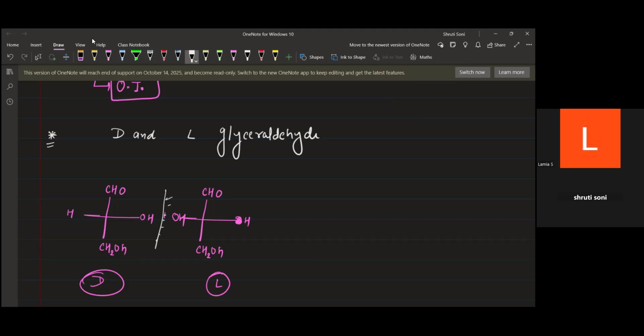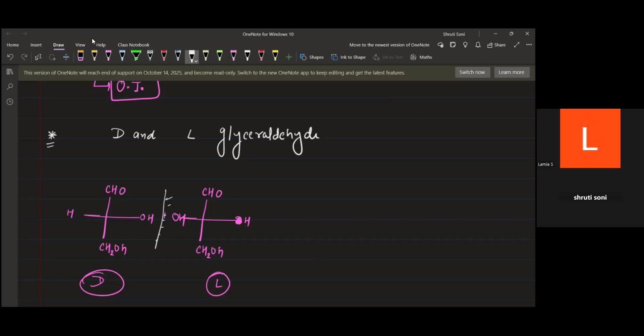Let's see. For number six, if a molecule has two chiral centers and no plane of symmetry, so that won't be meso, right? Would it be an enantiomer? No, that's not an enantiomer, sorry. The total number of stereoisomers possible is, okay.